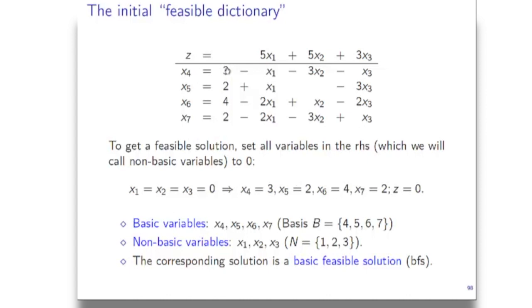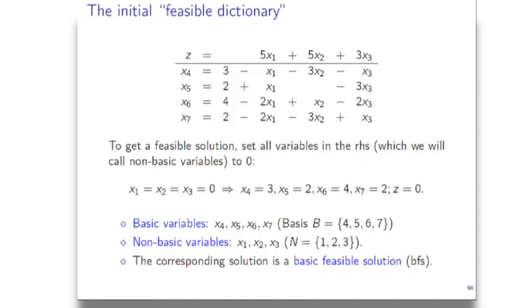Okay, so we agreed that we keep the other non-basic variables at 0, but what happens to the basic variables? So x4 will become 3 minus 1, which is 2. Then we'll have 2 plus 1, 3 for x5. x6 will become 4 minus 2, which is 2. And x7, 2 minus 2, 0. All values we got for the basic variables are still non-negative, so this solution appears to be feasible.